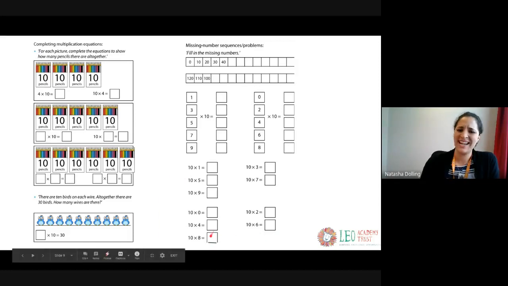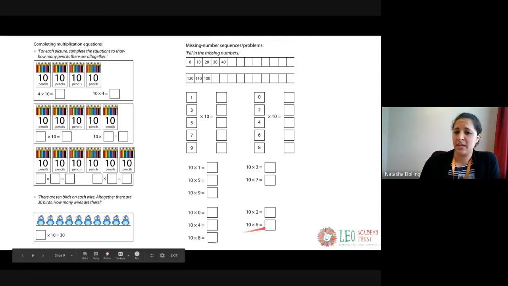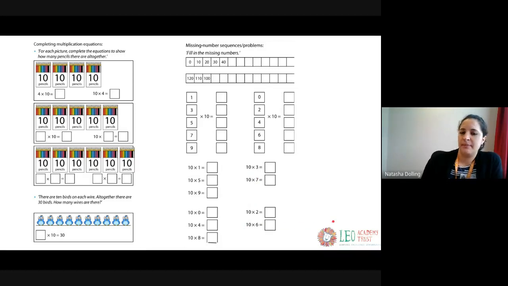We've got 4 and 8, we've got 2 and 6, and we've probably got some random ones up here, like 7, 5, 9. But another way you could do it is 10 times 3, 10 times 6. What that's trying to get at is the patterns between the different times table facts: 10 times 8 is double 10 times 4, and 10 times 6 is double 10 times 3.